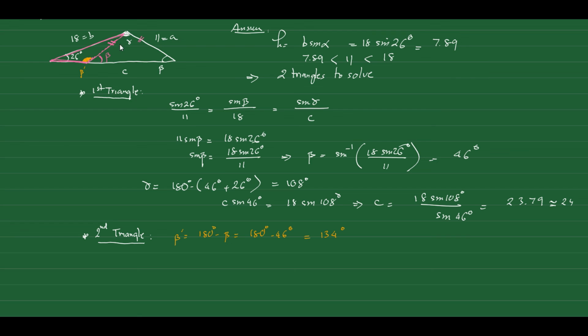Now we can find the angle right over here also, the green one. I'm gonna call this angle gamma prime. So gamma prime will be 180 minus 26 plus 134. You calculate this, which gives you 20 degrees.